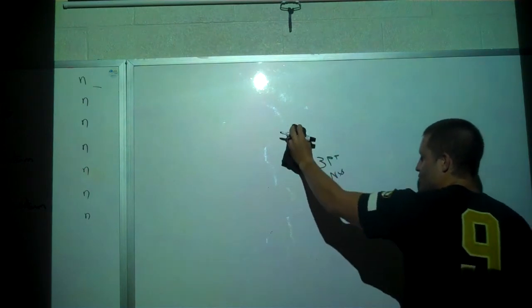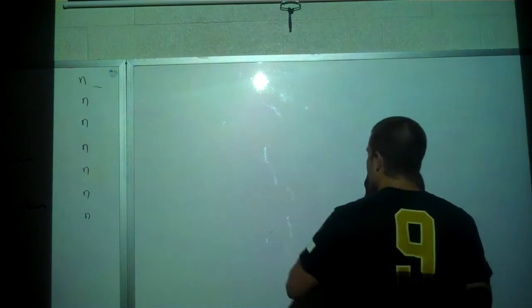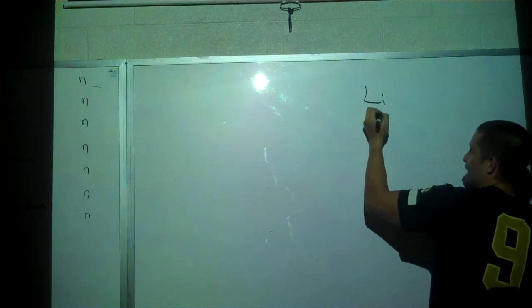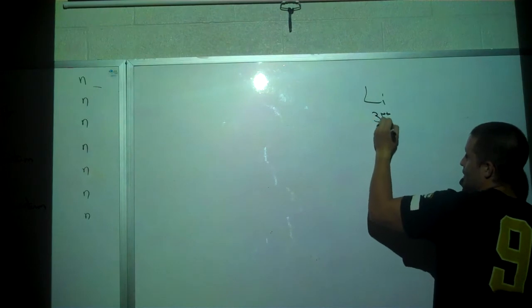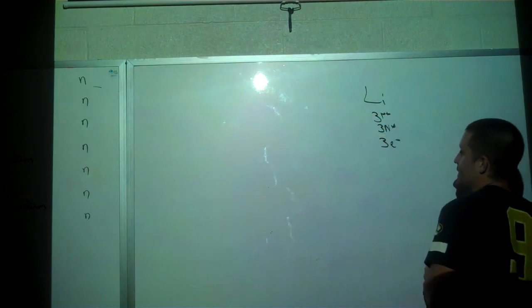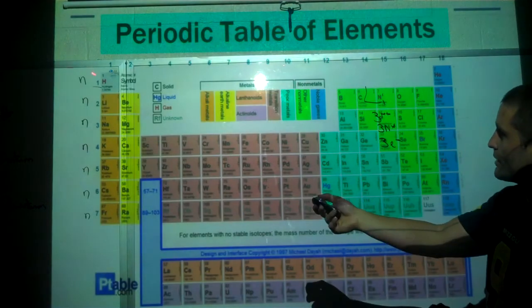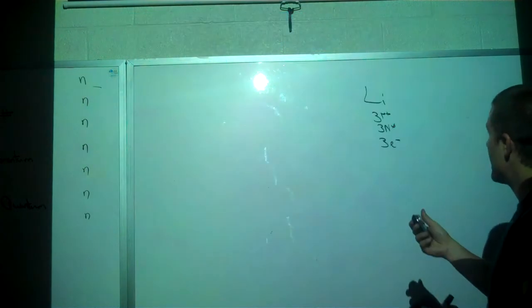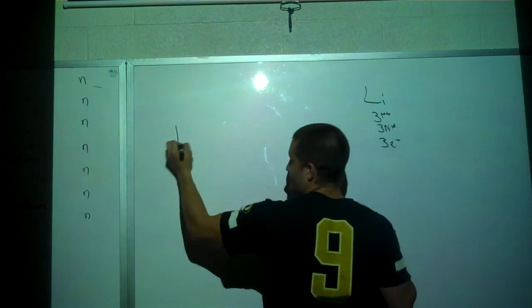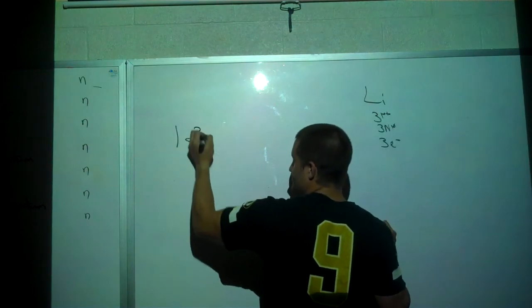So we're talking about lithium, and it has 3 protons, 3 neutrons, and 3 electrons. I want to go here, just like you're reading from left to right. So I want to do 1s2, alright?